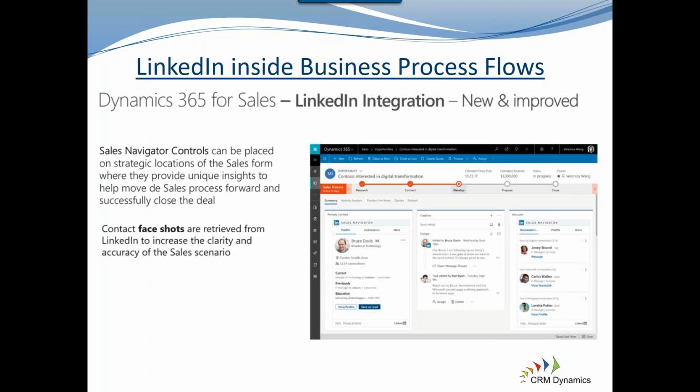So which means that this is what the screen can look like, all of the activities, the conversations, you actually have the LinkedIn picture in there. It tells you on the left-hand side that this is the person that you're actually dealing with. And so that is the new thing. So it's not just against a contact anymore. It's actually what we call face shots within business process flow, right?